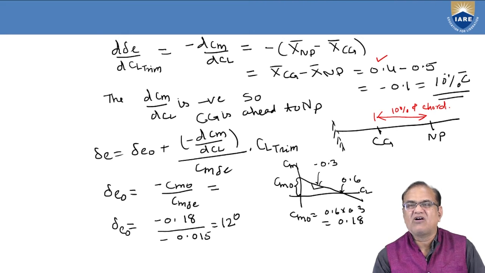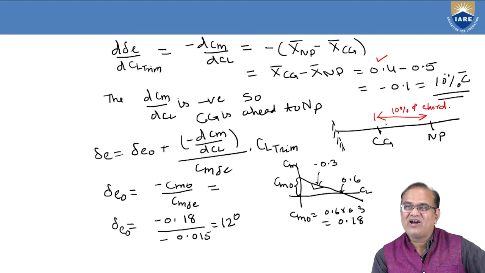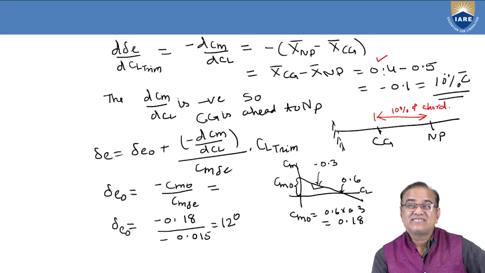mean aerodynamic chord. Previously it was 30%, but now due to this shifting, we can understand that in the previous case the X CG was much ahead. How much ahead? It was at 0.2. If you make 0.2 this one, then the value will come to 30%.